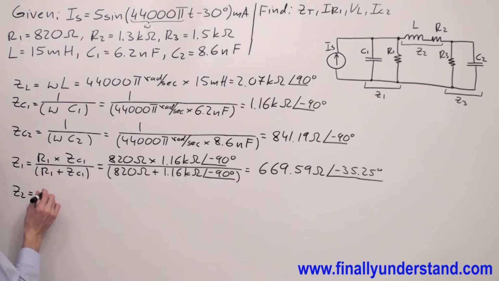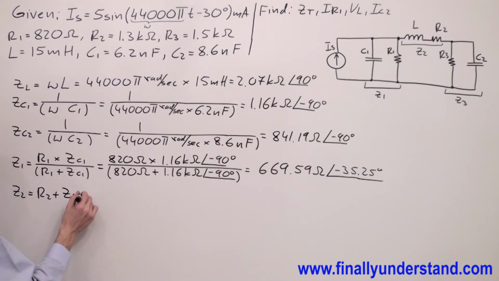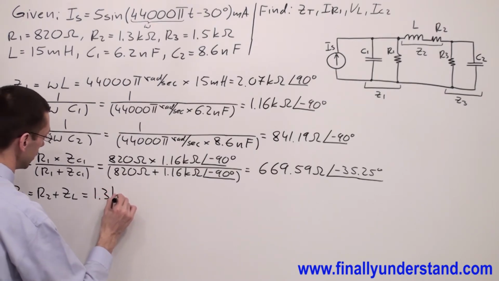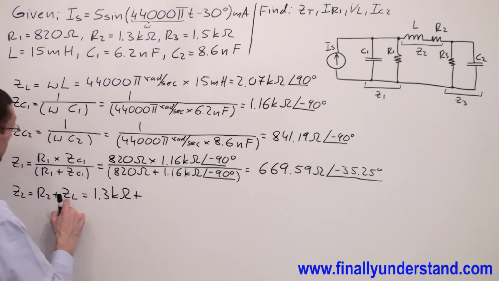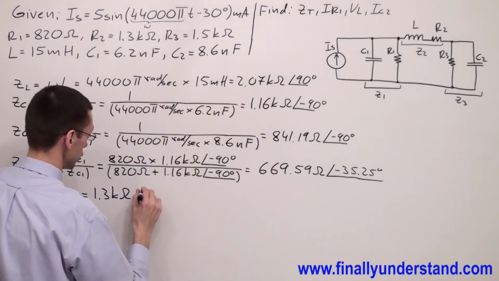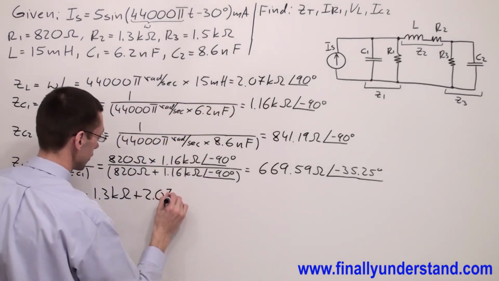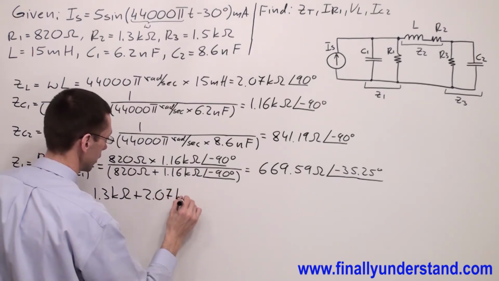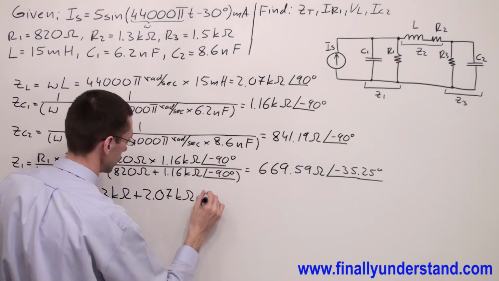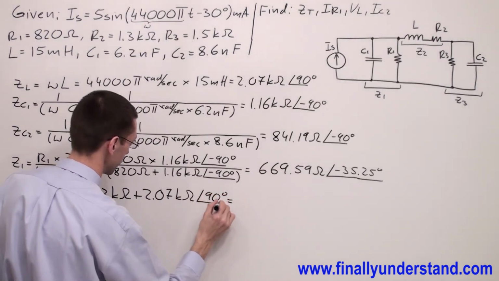Z2 is equal to R2 plus ZL, where R2 is equal to 1.3 kilo ohms plus ZL, which is equal to 2.07 kilo ohms and angle of 90 degrees.